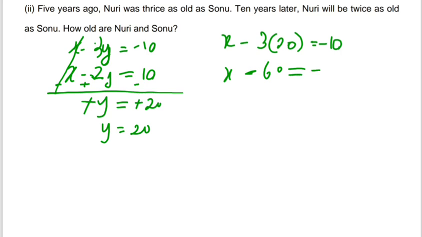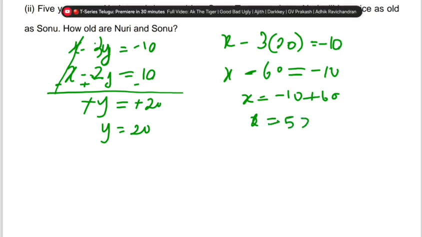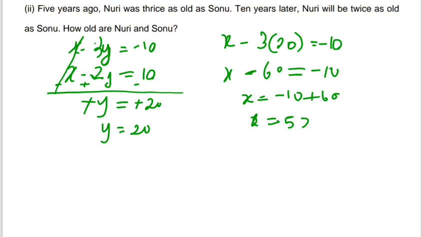So x is equal to minus 10 plus 60. x is equal to 60 minus 10, which is 50. So the ages of Nuri and Sonu are 50 and 20 respectively.